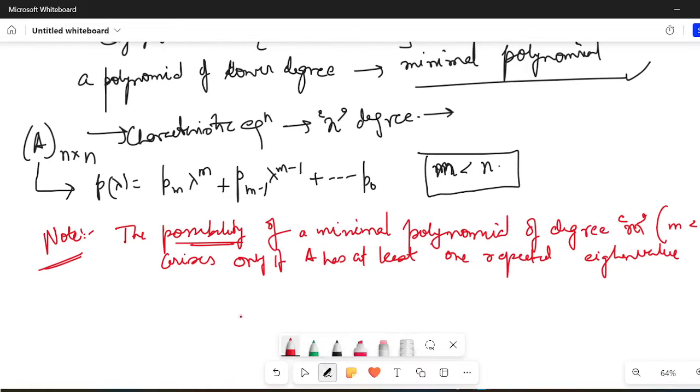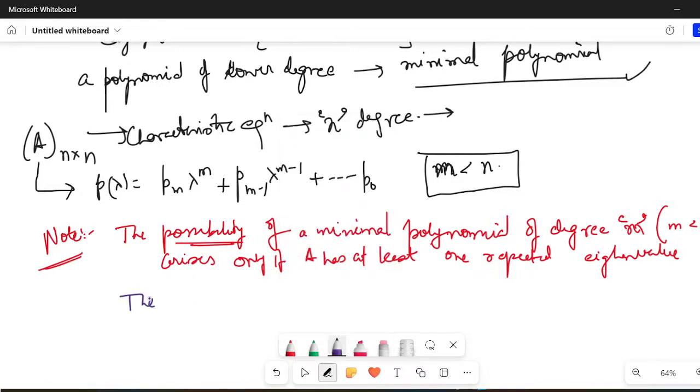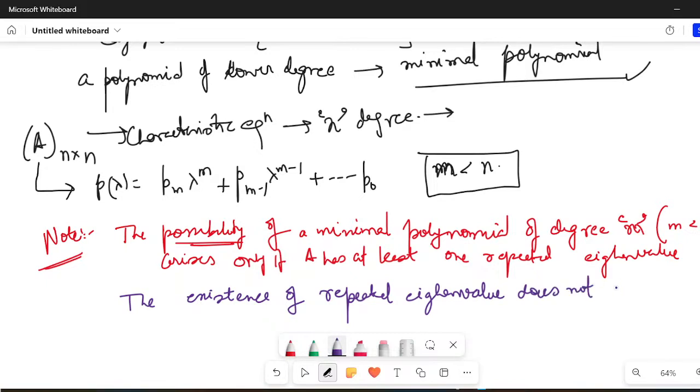By which I mean that the existence of a repeated eigenvalue does not imply the existence of a minimal polynomial with m less than n.